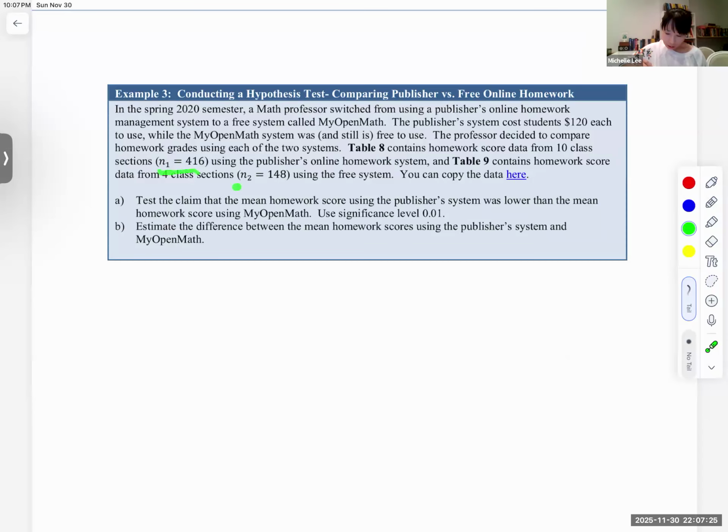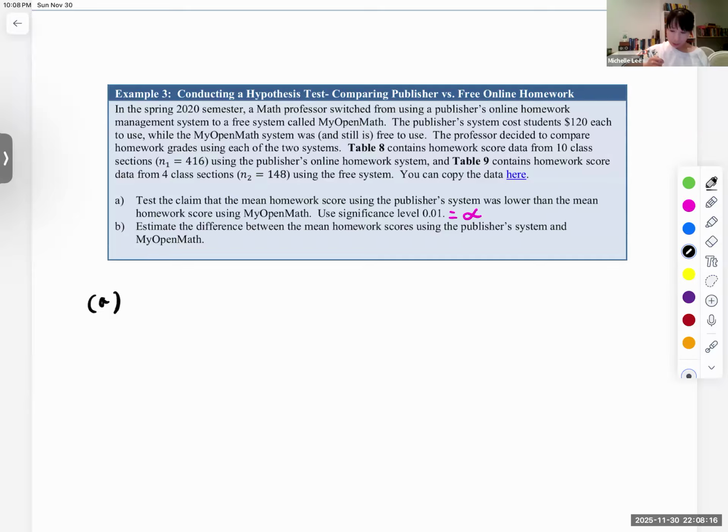So we have n sub 1, n sub 2. This is cost, $120. And what else do we have to know? The level of significance is the point, this is alpha. Just quickly, we don't have to go through the steps.